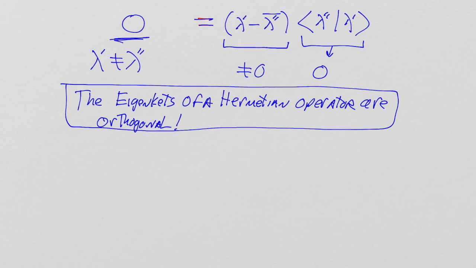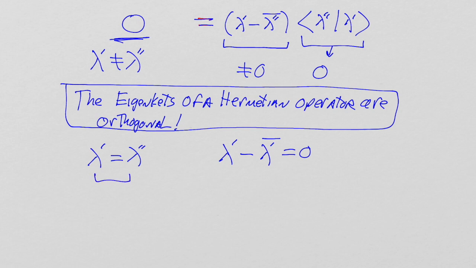But we're not done, because we could assume that lambda prime did in fact equal lambda double prime. If that was the case, this inner product would not be 0. The only way an inner product can be 0 is if one of the two is 0, and we presume neither of these is 0. So lambda prime minus lambda prime conjugate equals 0, where I just made the substitution that lambda prime and lambda double prime are the same.